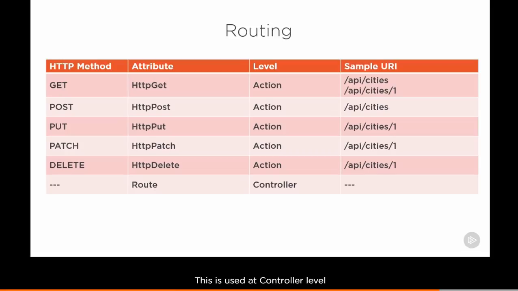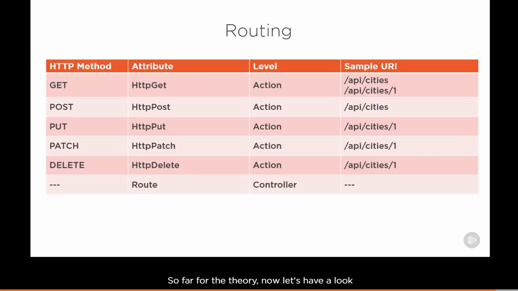This is used at controller level. The provided template will prefix all templates of the action level attributes. For example, we see that all our sample URIs start with API/cities. The route attribute could be used at controller level with API/cities as its template value. Like that, we don't have to provide that value in the templates of all the action level attributes.